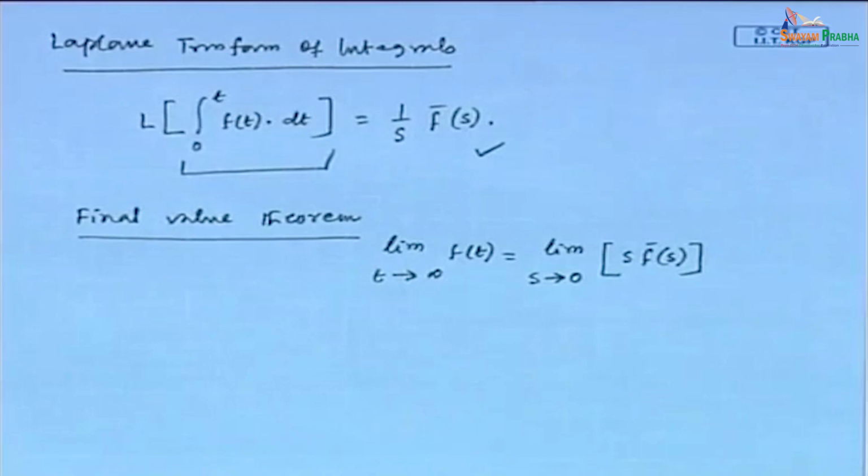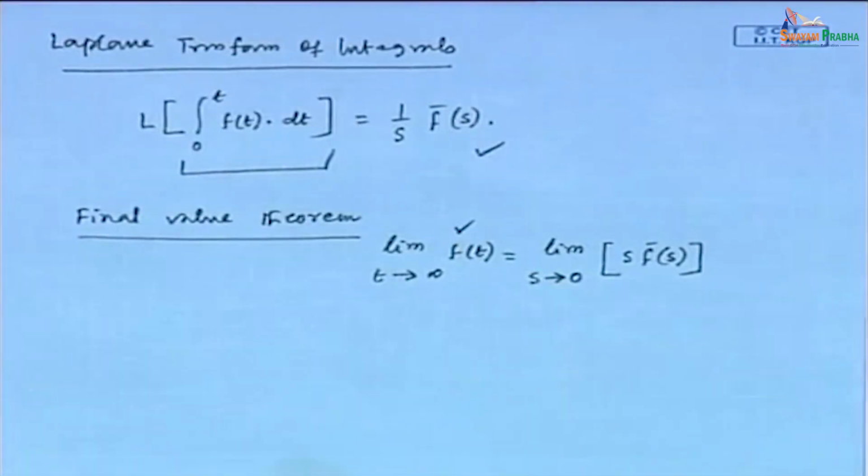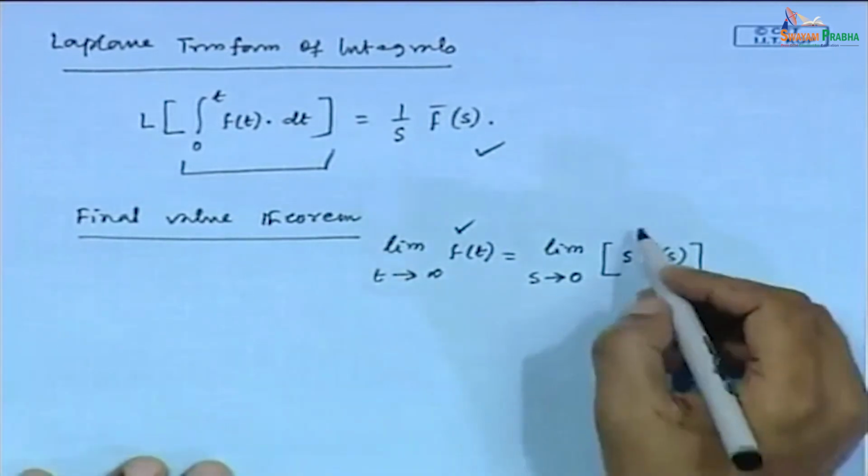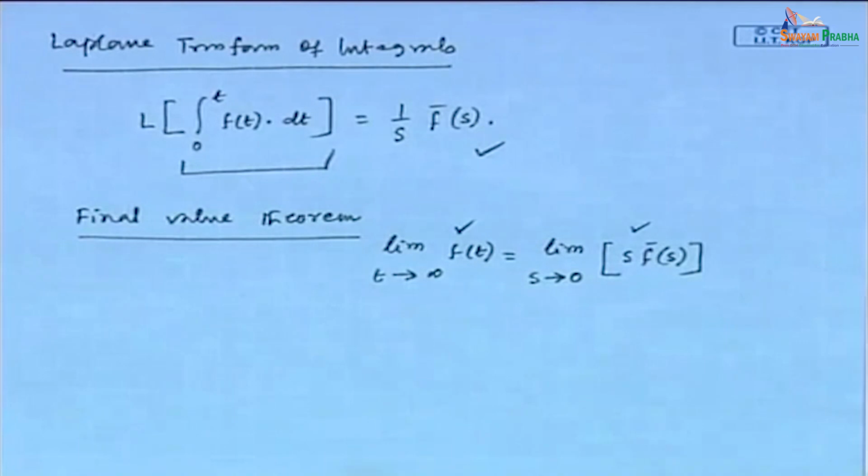This is the final value theorem. If our modeling equations are in time domain, then we have to consider the left side. If our modeling equations are converted to Laplace domain, in that case we have to consider the right side. Fine.